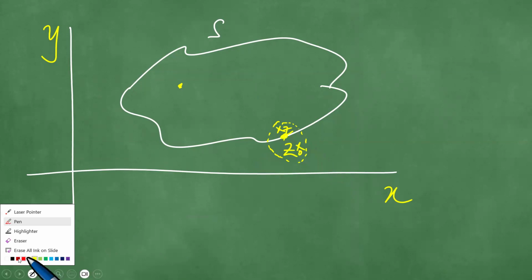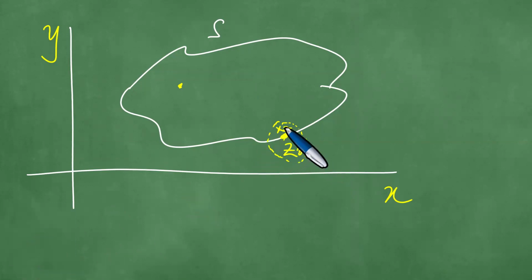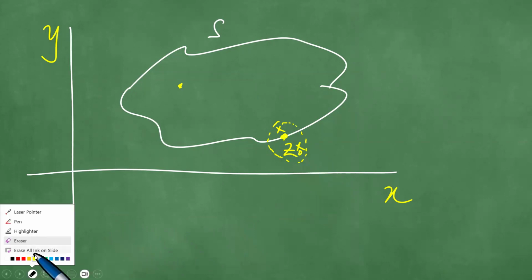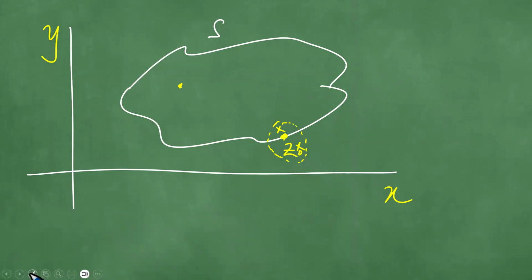So it's going to have some points in S and some points that are not in S. So this point Z0 is what we call the boundary point. Obviously, we can see that a boundary point is not an interior point, but it's also not an exterior point. It's just on the boundary of the set S.